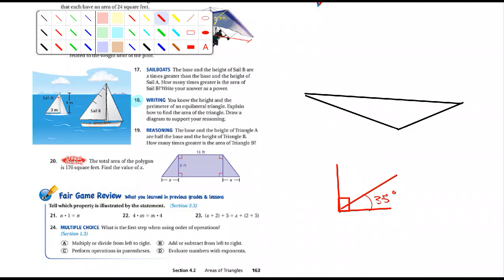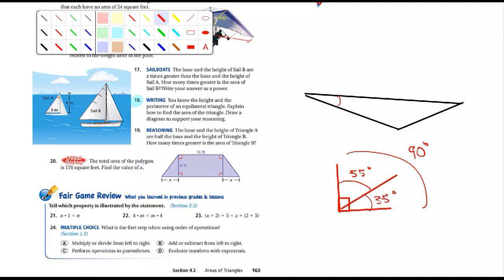And then two angles that form a right angle would have to add up to 90 degrees. So this angle right here would be 55 degrees if I did my math right. So those two added together, what's 55 plus 35? That would be 90 degrees. So this whole angle would be 90 degrees. All that to say, you can see that this is an obtuse angle. It's more than 90 degrees. You can look at this one here and you can see that's less than 90.